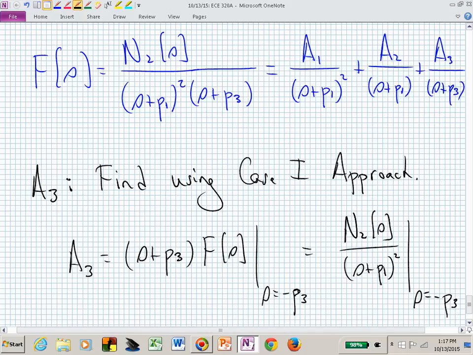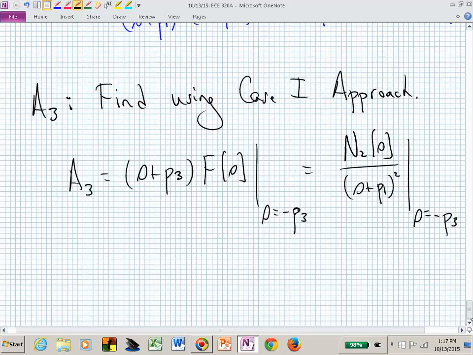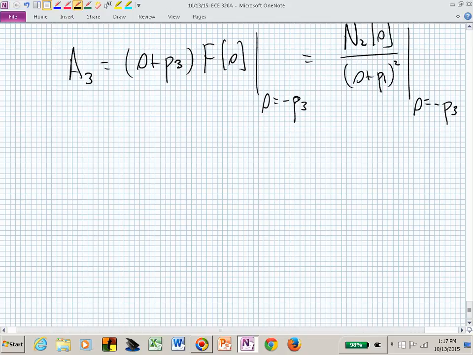Now, we can do exactly the same thing for the coefficient that's on top of the highest powered factor of my repeated root. I can multiply both sides by s plus p sub 1 squared and evaluate at s equal to minus p1. It's only that a sub 2 that's giving us anxiety. Let's find a1 then, the same way we found a sub 3.